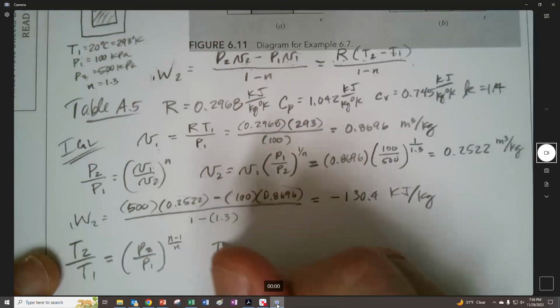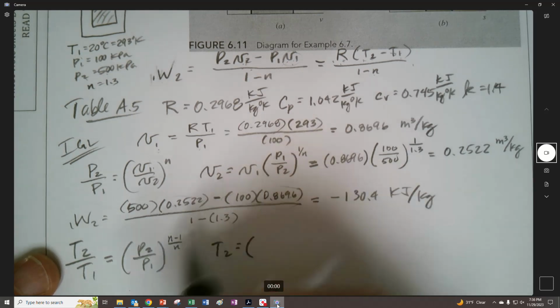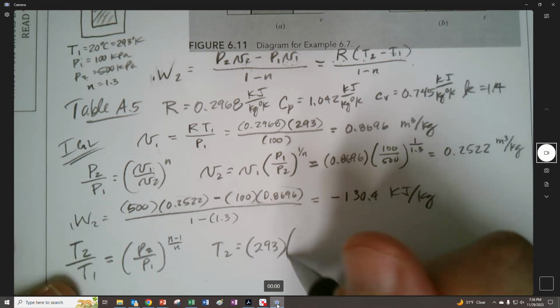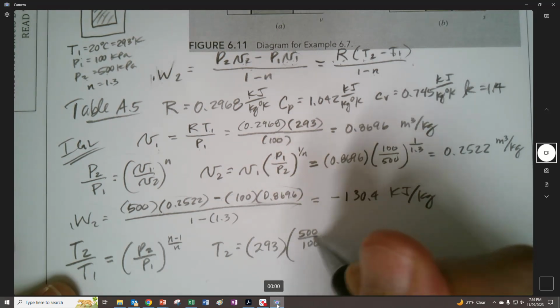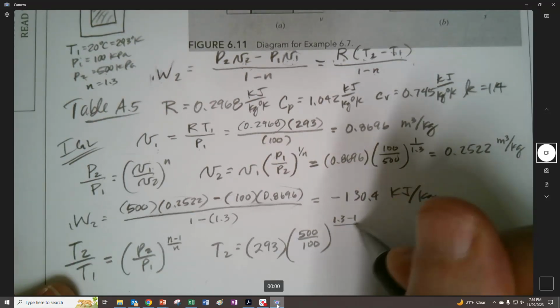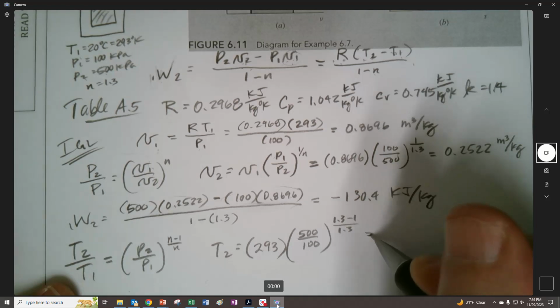So we can find T2 by taking T1, which is 293, and multiplying it by 500 over 100, raised to the 1.3 minus 1 over 1.3.